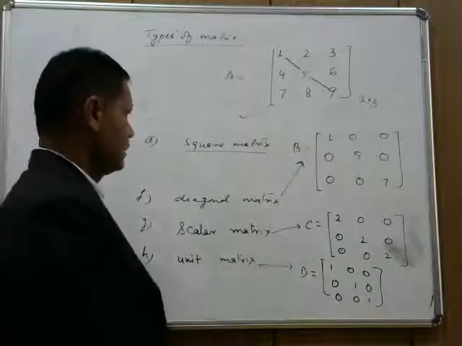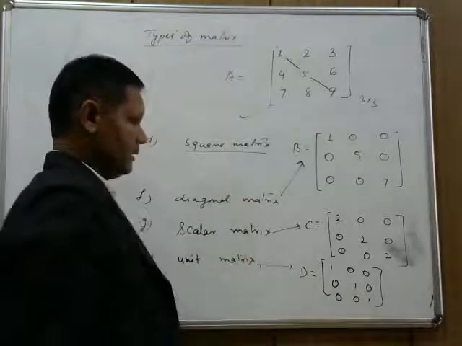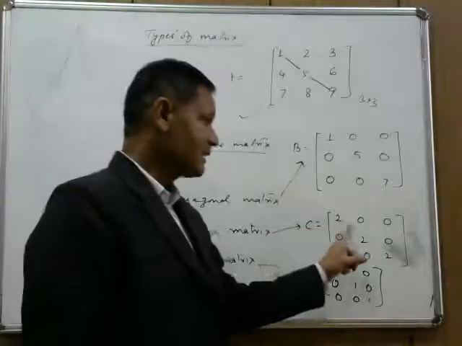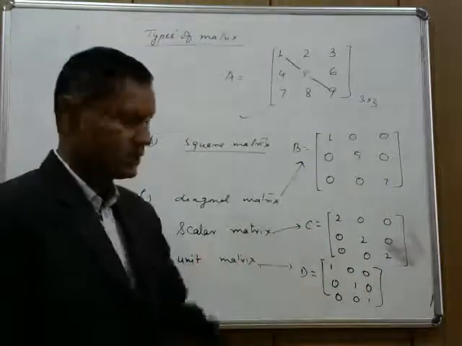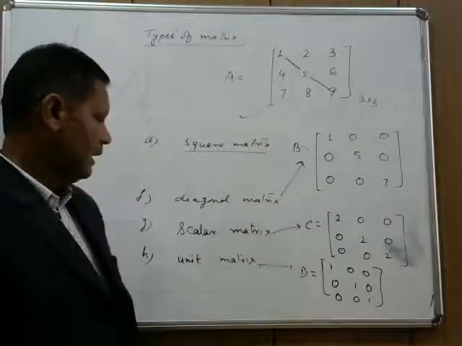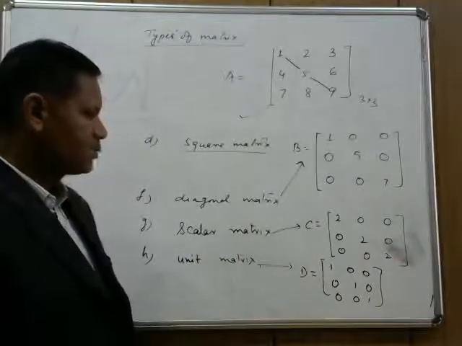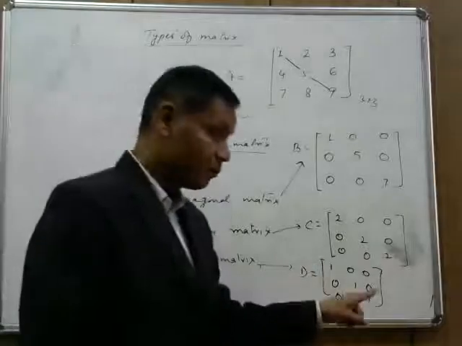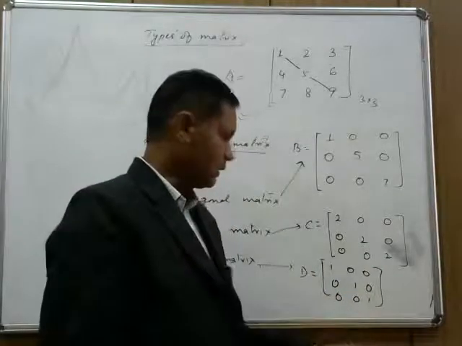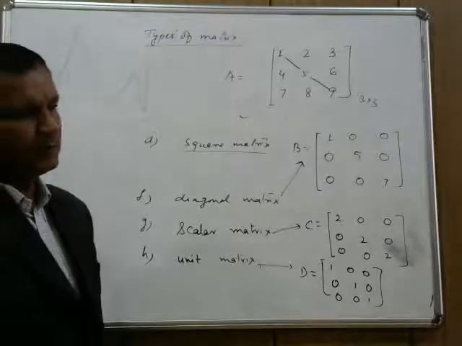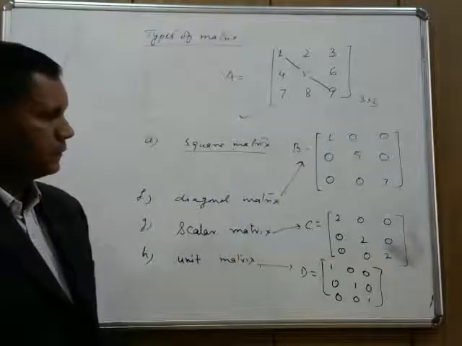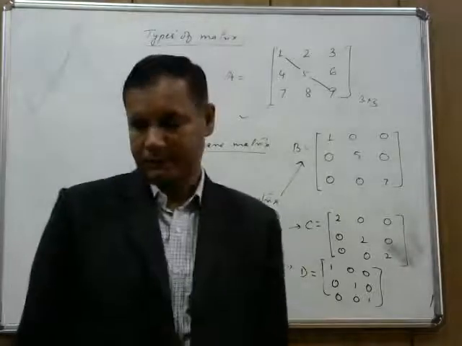And a square matrix whose diagonal elements are the same is called a scalar matrix. And a square matrix whose diagonal elements are the same but one, that is called a unit matrix. It's very simple, right? This idea you must have got.